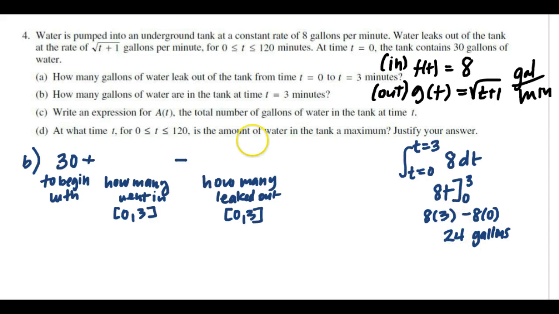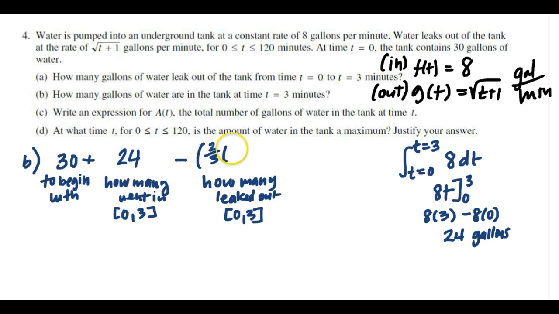So for the numerical answer, we would want to go ahead and take 24, over, so this is how many went in, minus how many leaked out, so we would take our previous answer. And if we're not going to simplify it, we want to make sure and keep it inside parentheses, because since we're subtracting it, that's definitely going to make a difference.